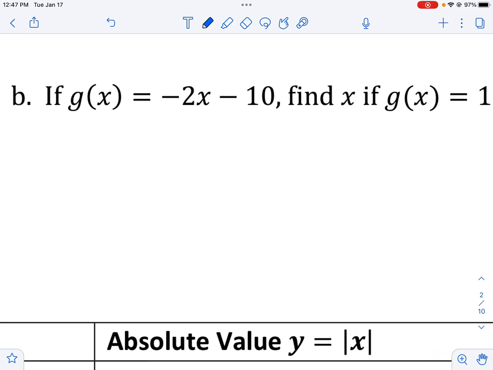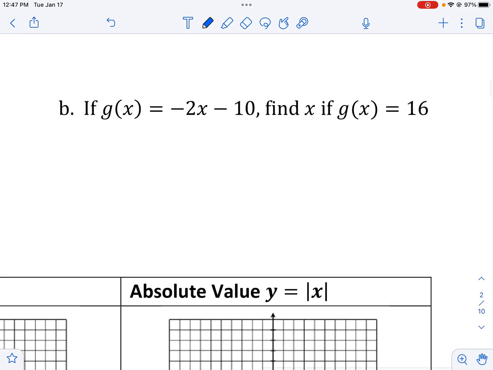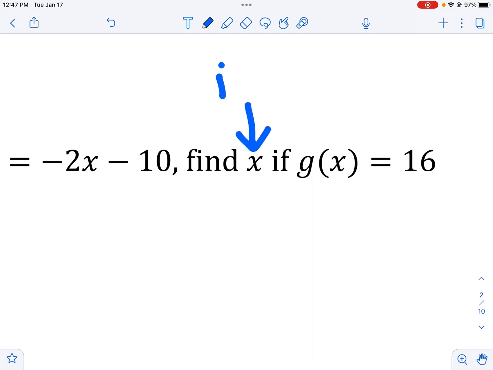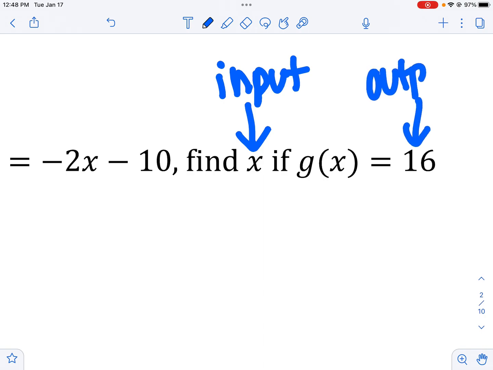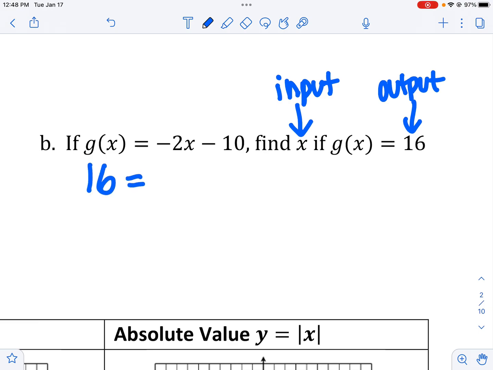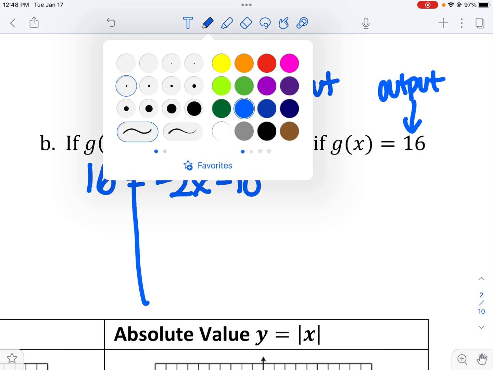It says if g of x equals negative 2x minus 10, find x, the input, if the output is 16. So when we plug this in, now we have the answer. The output, 16, equals negative 2x minus 10. And then you can solve that for x.